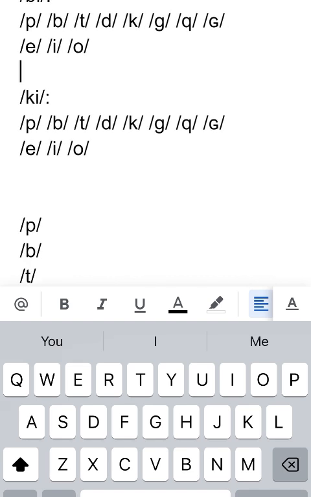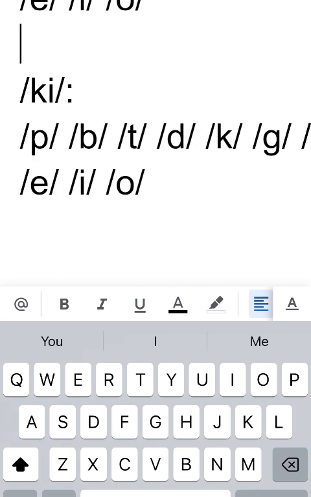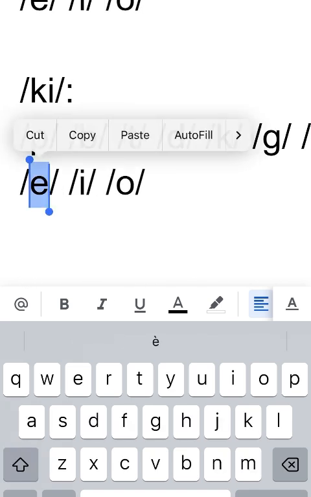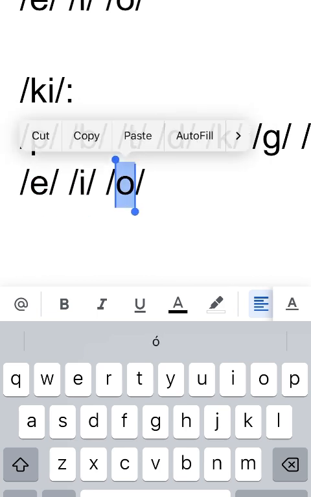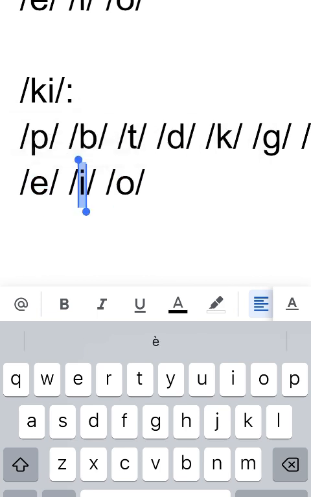And if you don't know what I mean by multiple mouths, it means that at the same time 3 sounds are made, are pronounced at the same time.